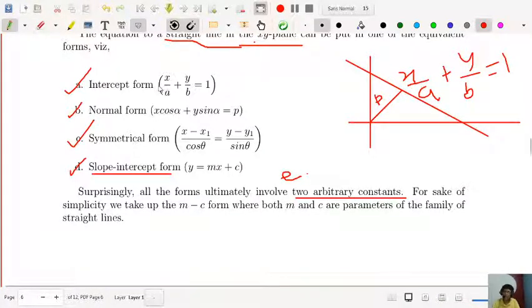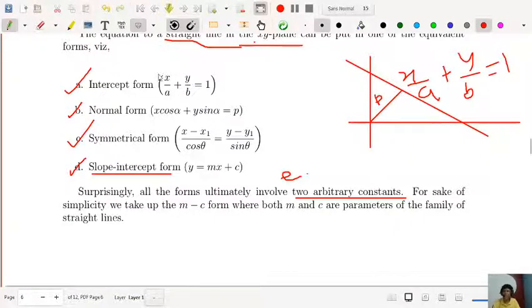What are the arbitrary constants in the first form? a, b. In the second form? alpha and p. In this case also you have two arbitrary constants, m and c. These are actually parameters.